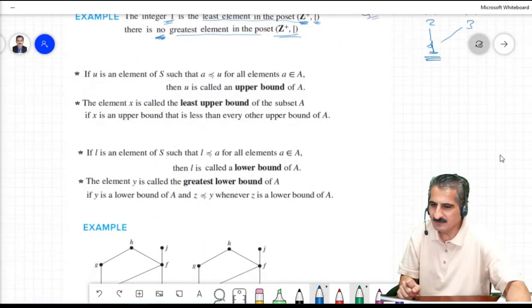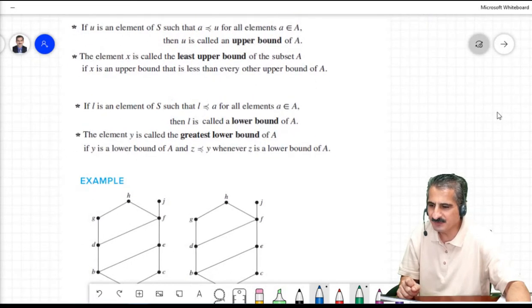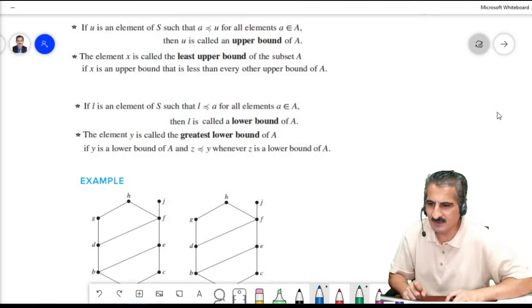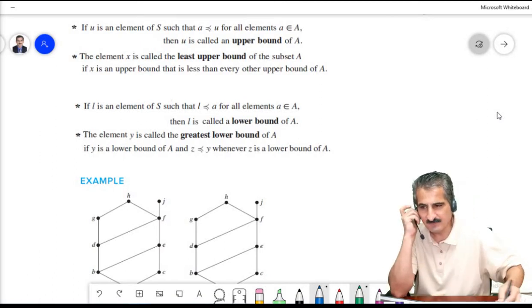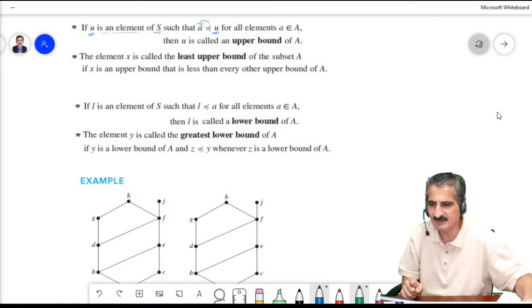Now, let's go to more definitions here, which are important, which talk about upper bound and lower bound. Okay. Now, we start this way. If U is an element of S such that U is greater than any element in some subset A, then U is an upper bound of A. What does that mean?